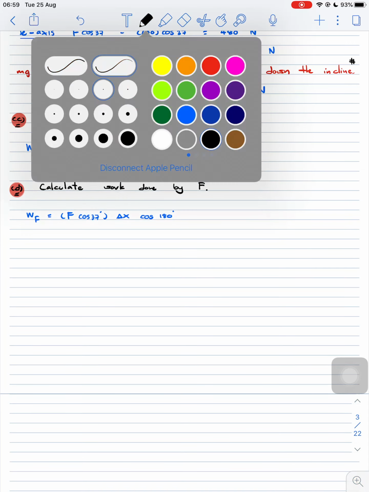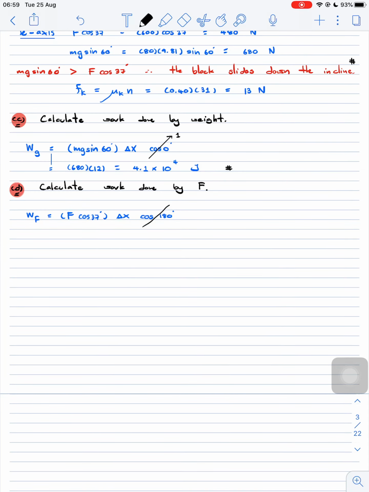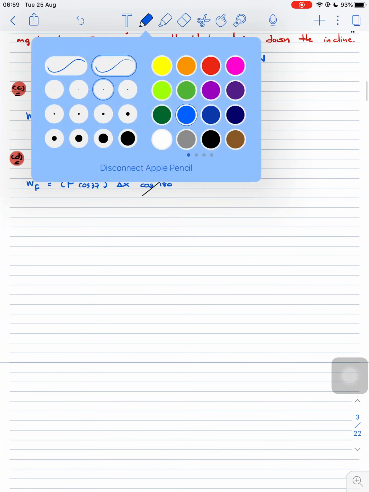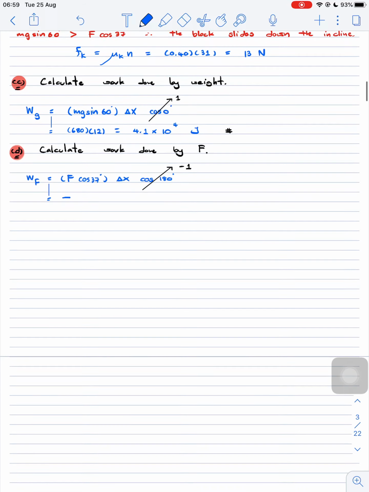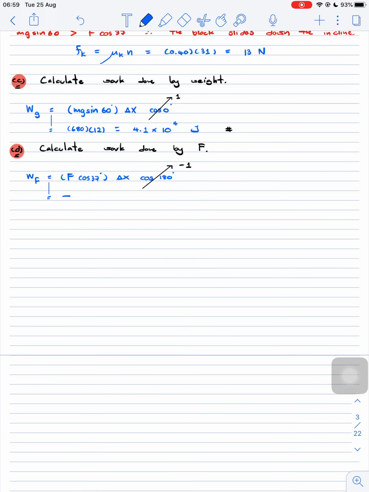We know that the cosine 180 degree is equal to -1. Then the work done by the force F is minus, and the F, we haven't found yet, right? The 600, cosine 37 degree, times delta x, which is equal to 12.